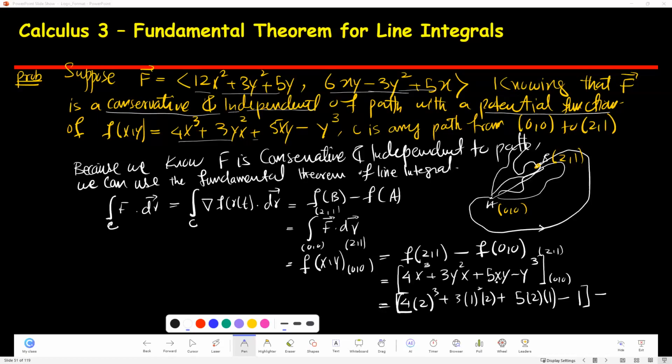Then minus the value at 0 comma 0, which is 0, so we don't have to worry about it. Solving this, 4 times 8 is 32, plus 6 is 38, plus 10 is 48, minus 1. So 48 minus 1 is 47.